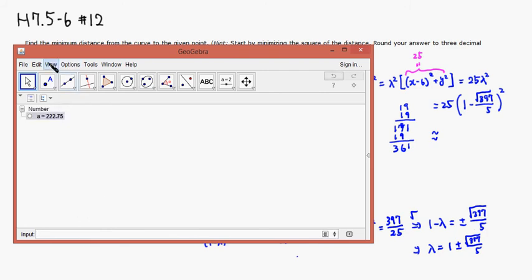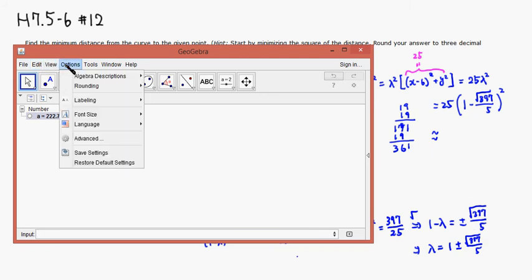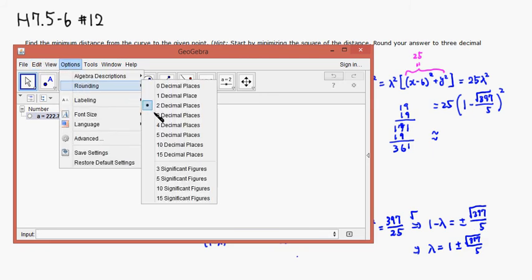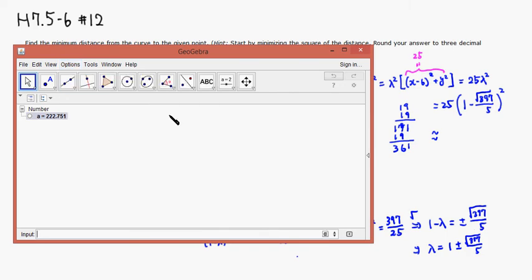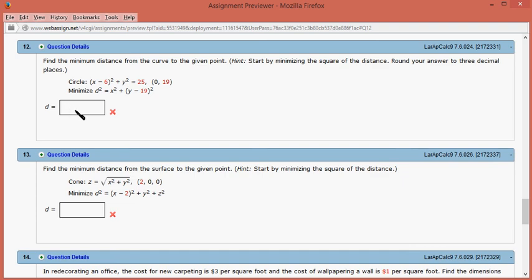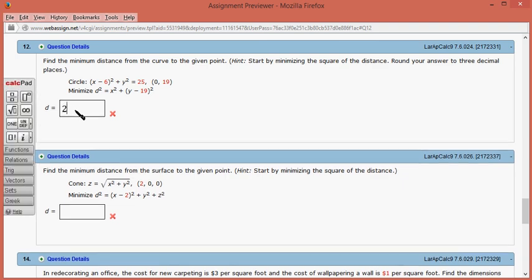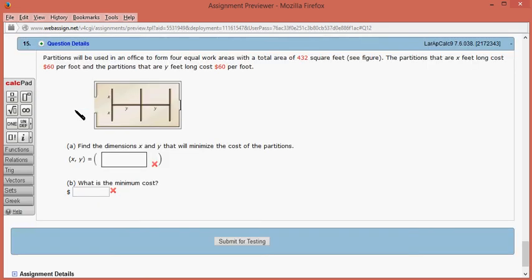We want three decimal places. It comes out to 222.751. So let's type it in. Right, this came out to be 222.751. Let's double check.